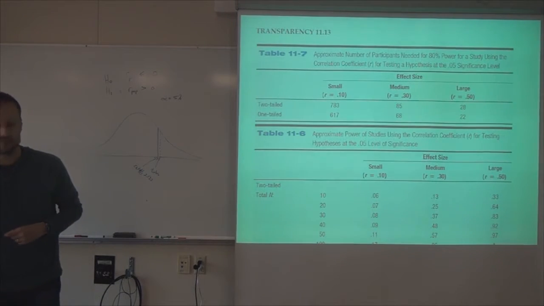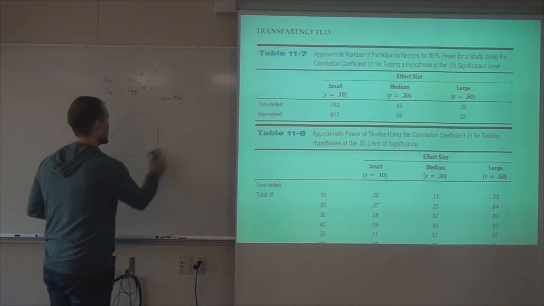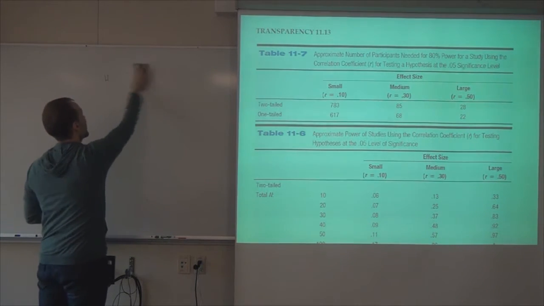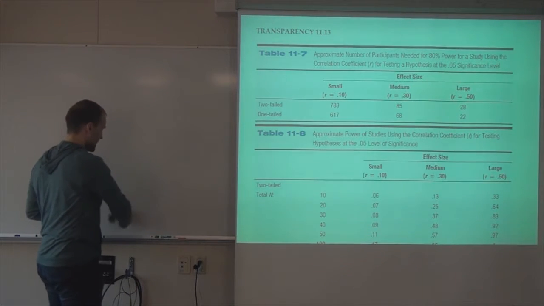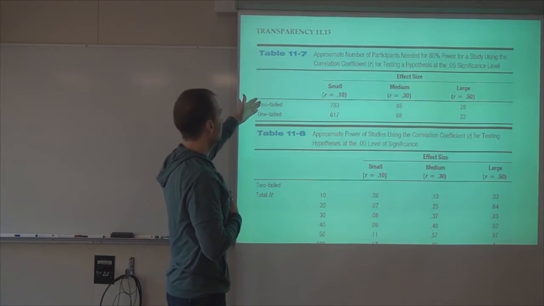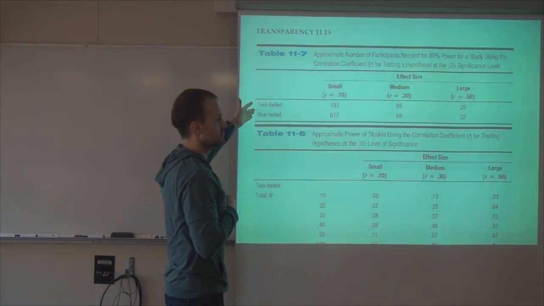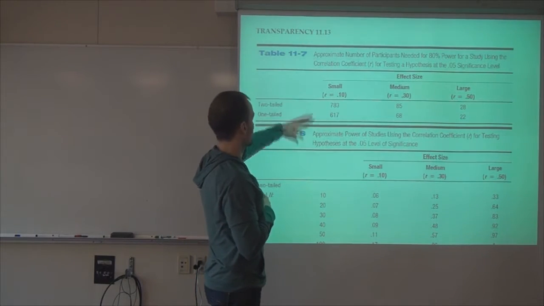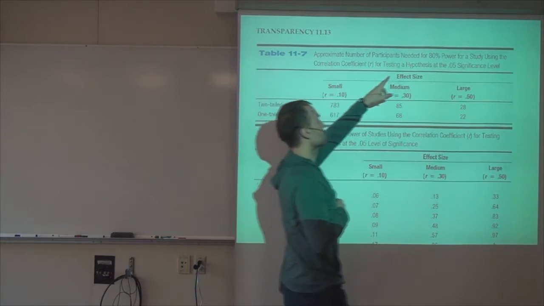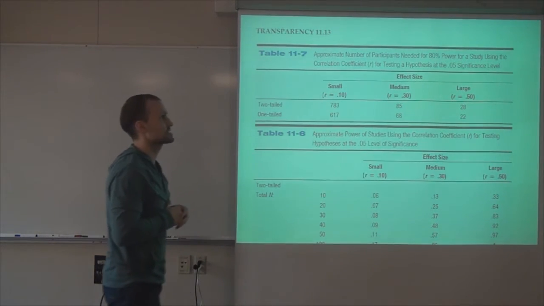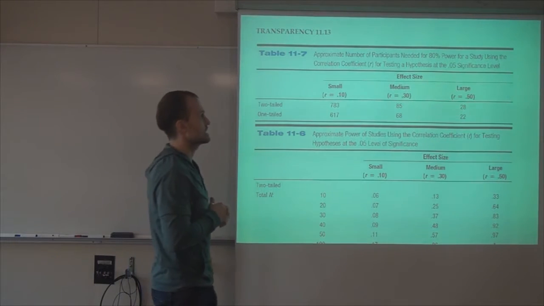So again, we'll have effect size. Now the correlation coefficient can serve as the effect size measure in this case. And depending if I'm two-tailed or one-tailed, that is going to play a role. So this first table now is backwards a little bit. In order for me to get an 80% power for the study, what is my sample size that I would need?